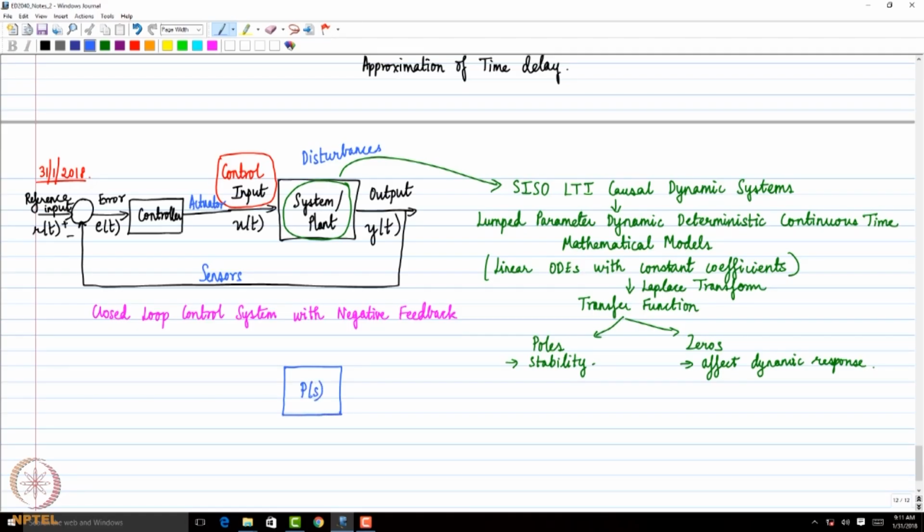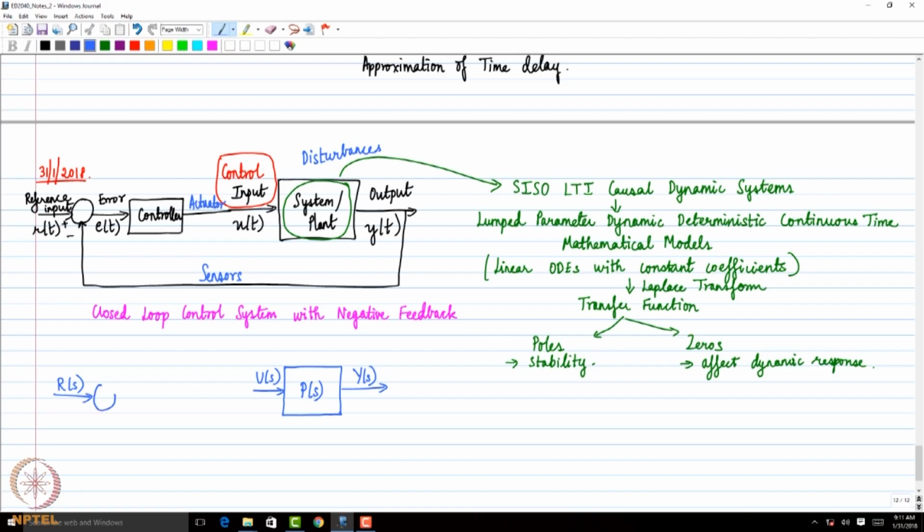So the plant transfer function, let's say we call it P of S, okay? The control input, let's say we call it U of S, and the output we call Y of S, okay? And the Laplace transform of the reference input, let's say we call it R of S, right?